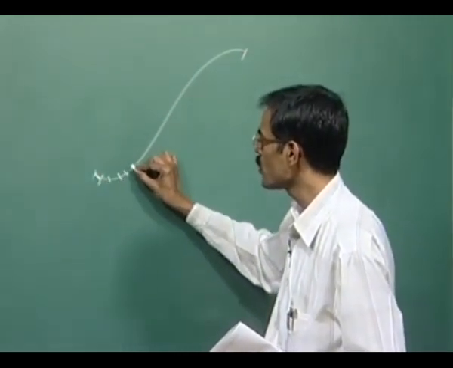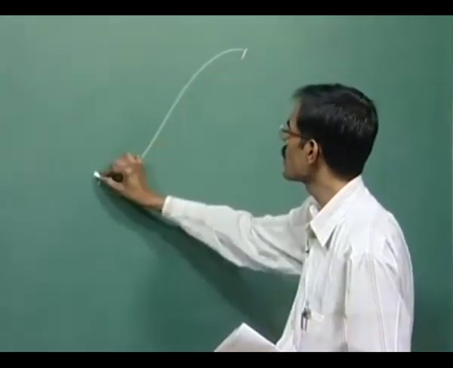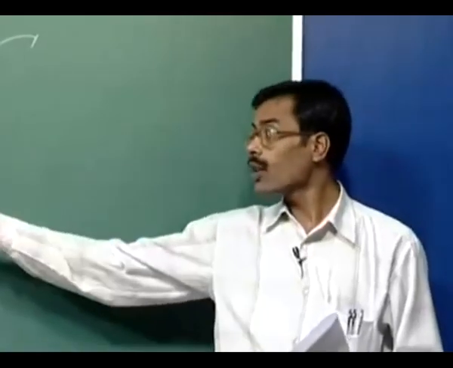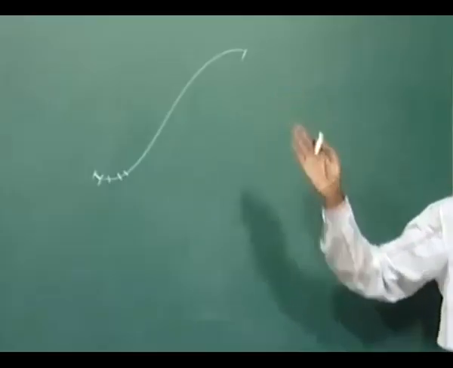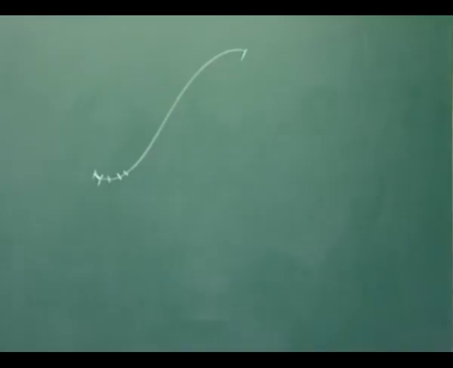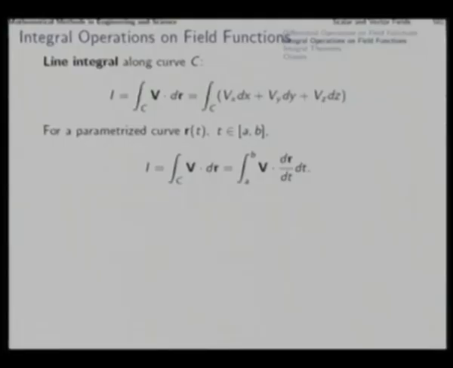Such v dot dr components, if you keep on adding from the starting point to the end point, then you get the line integral along a curve C of this particular vector function. That is defined like this, v dot dr, which will be vx dx plus vy dy plus vz dz, and this will be integrated all over the curve continuously.